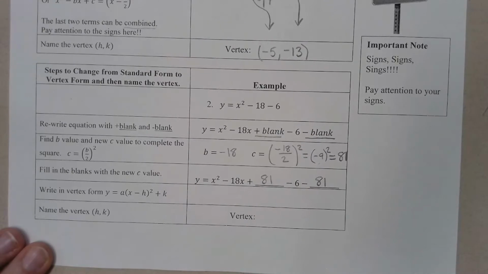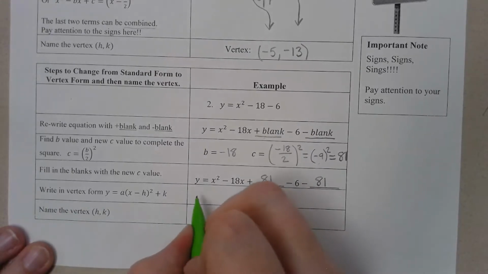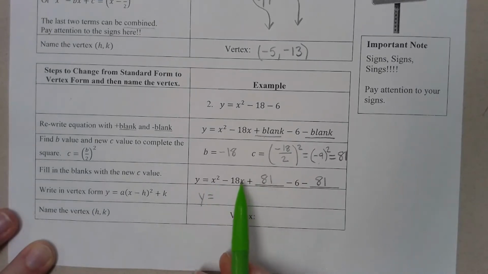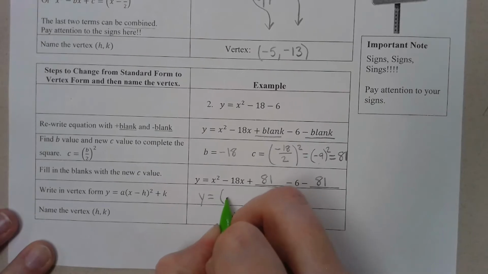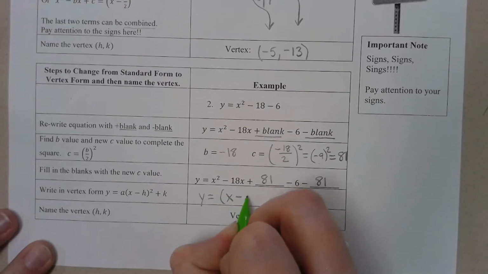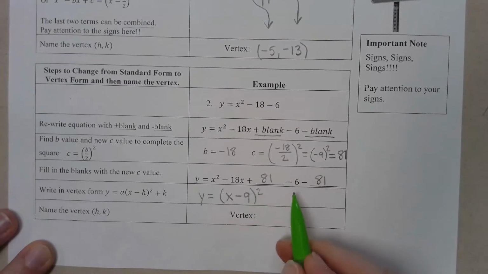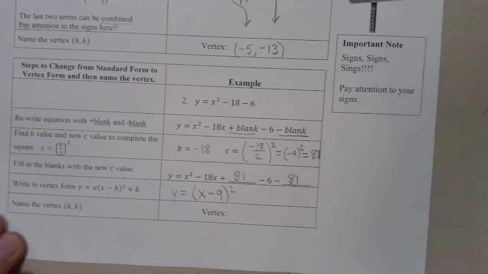So now we're going to write our problem in vertex form. So y equals. Remember these first three things, they're factorable, but we're using a factoring shortcut. x minus 9, because that was our half of b. Then we combine the last two numbers.